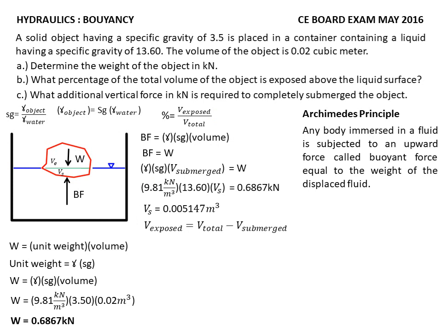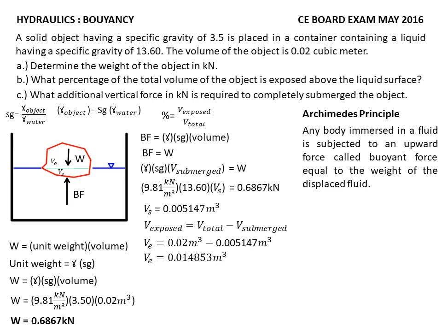To get the volume of exposed, it is equal to volume of total less volume of submerged. Substitution: volume of total is 0.02 cubic meter, and the volume of submerged is 0.005147.